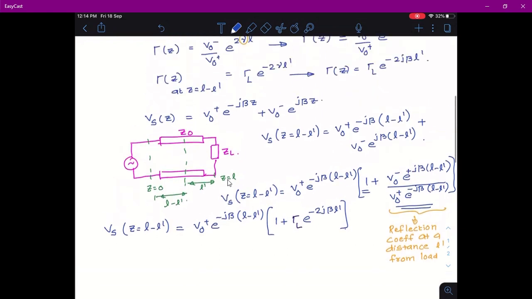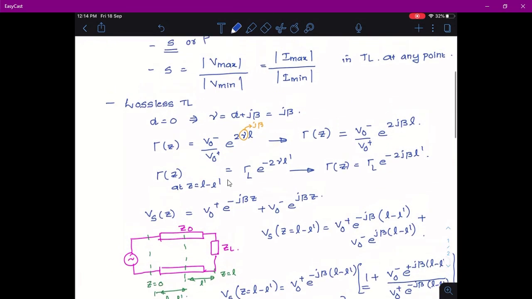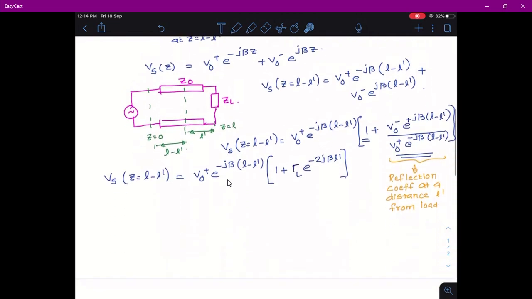So, we want to find V max, or the magnitude of the maximum voltage. That is what we want to find at any point L dash.